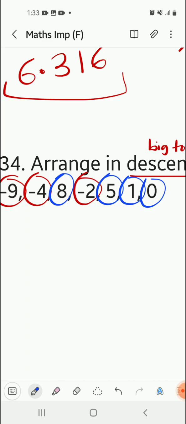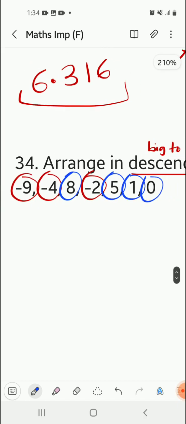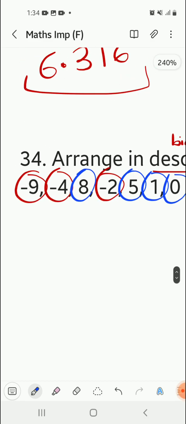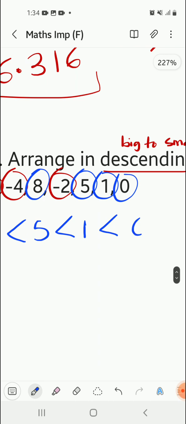That is here. Okay. 0 is neither positive nor negative. That's a reference point basically.